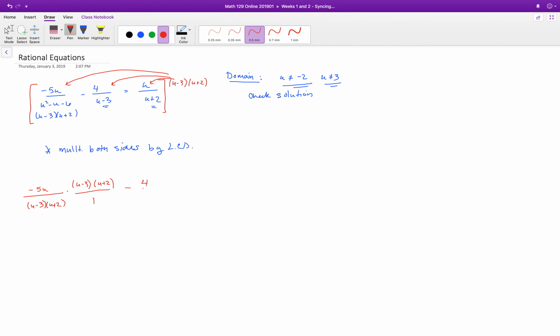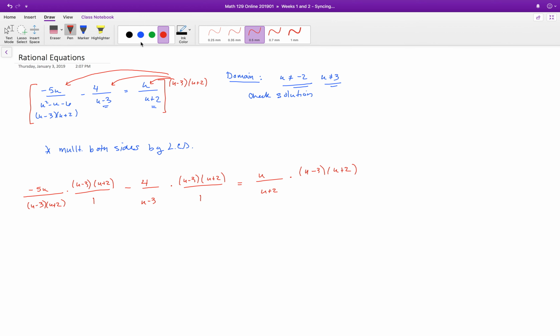So minus 4 over u minus 3 times, again, the common denominator, u minus 3, u plus 2, equals u over u plus 2 times, again, u minus 3, u plus 2.